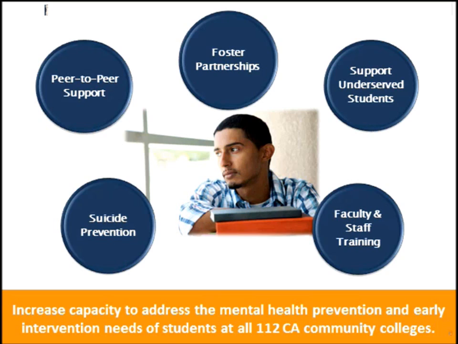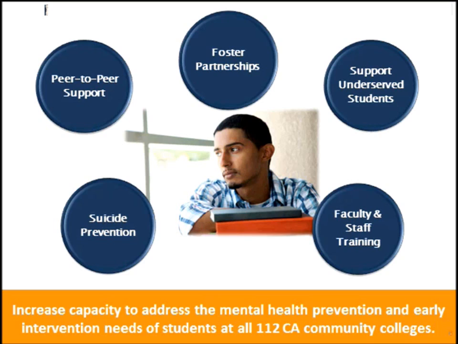So the major four components really have a goal to build capacity, and concurrently, as we're doing prevention and early intervention, we're doing peer-to-peer, we're really encouraging peer-to-peer support of students working with other students.